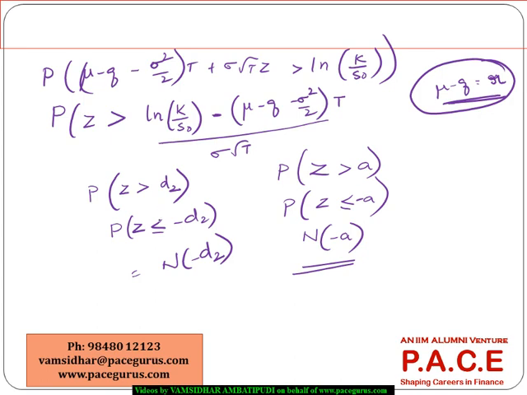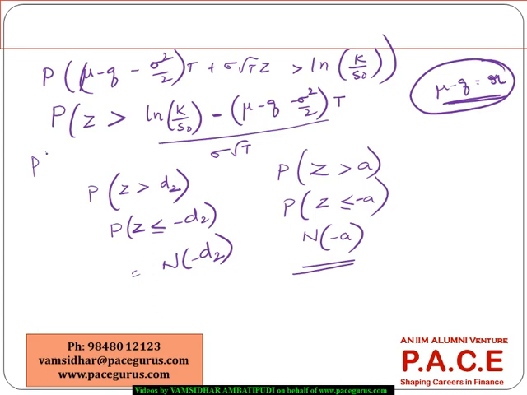So the probability that the call option expires in the money... No, Z is greater than minus d2 here, because if I am looking at mu minus q equal to r, I need log S0 by K, not K by S0.